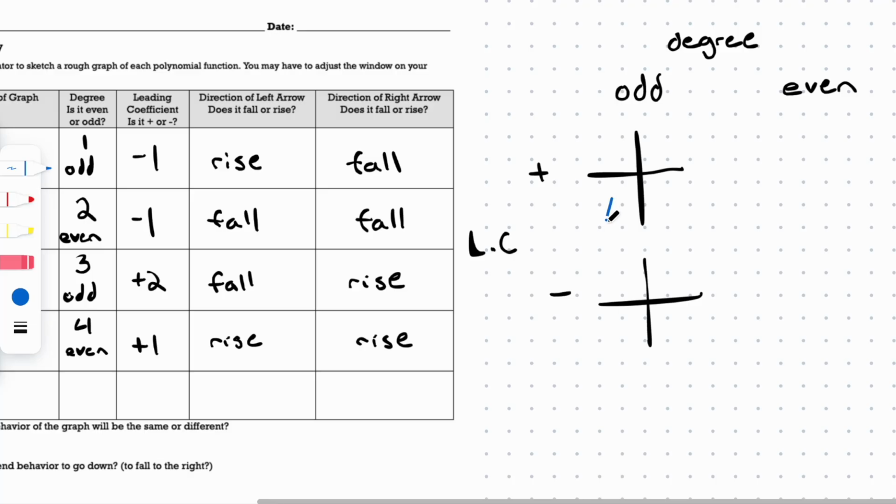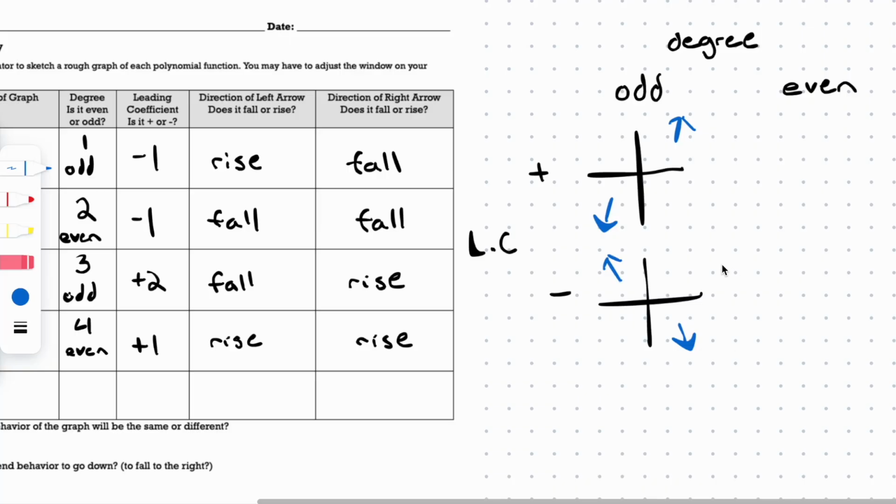So I'm just going to write something like this, while our right arrow rises. Okay? And conversely, when we have a negative leading coefficient, our left arrow rises, while our right arrow falls.